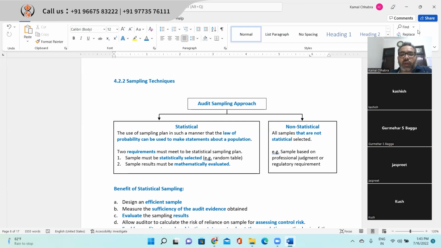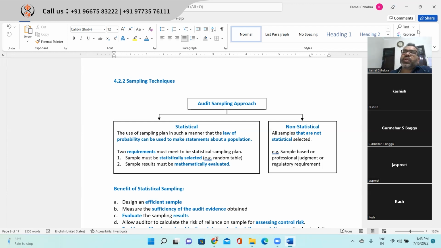There are two requirements that must be met for a statistical sampling plan. First, the sample must be selected statistically, which can be from a random table or any other statistical method. Second, the sample result must be mathematically evaluated.